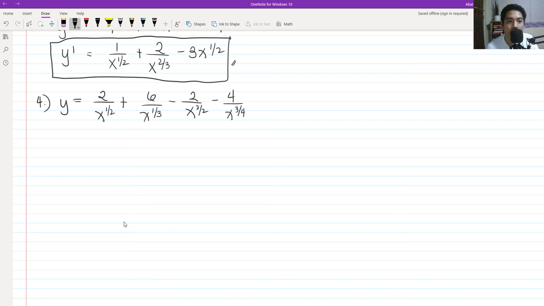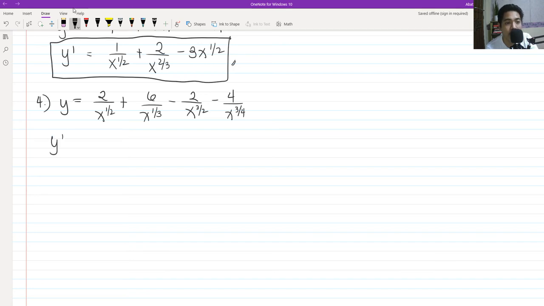So this example is in terms of quotient per term. So what we are going to do is to reciprocate the denominator and negate the exponent in order for us to perform the power rule.